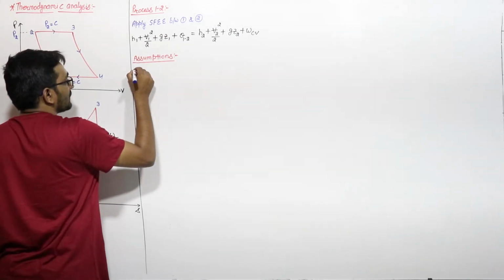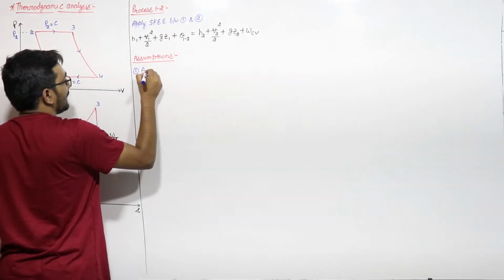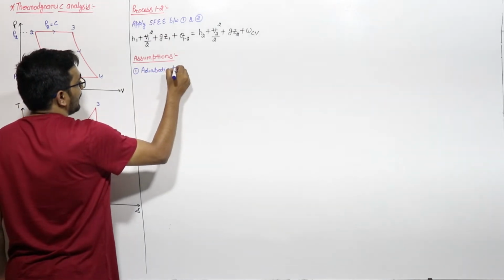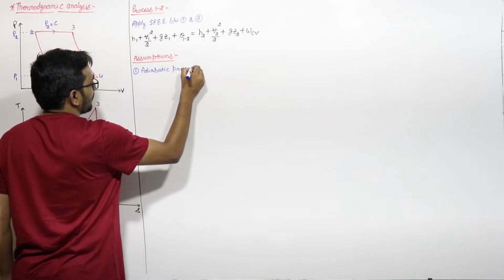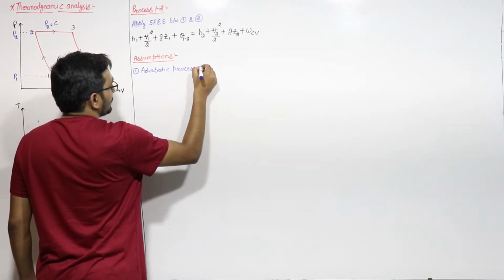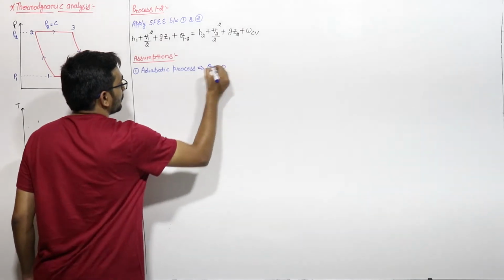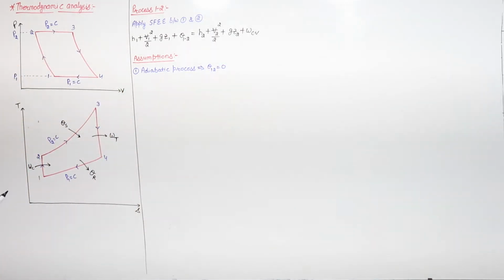First assumption: we are taking this as an adiabatic process. That means the heat transfer in the process 1 to 2 is 0.